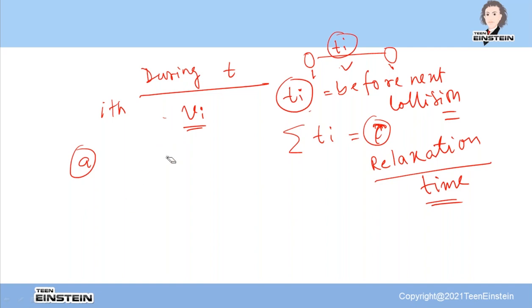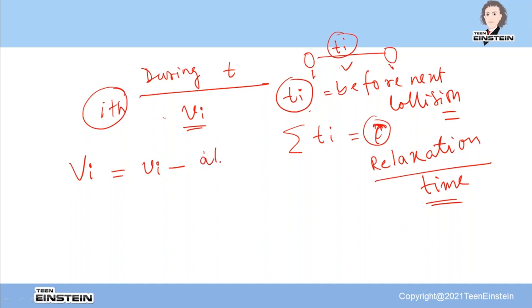I'm taking only one electron, but there will be nth electron. I'll denote the velocity by capital V_i, to keep consistency with your book. This is the velocity during this t_i time. Suppose you have initial velocity v_i, and the acceleration a into t_i, for uniform acceleration.